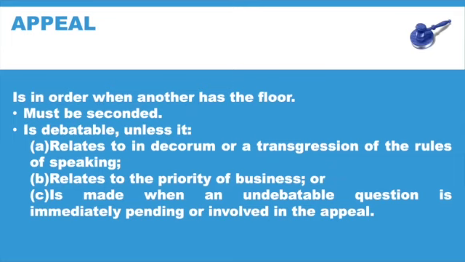So, to appeal the decision of the chair, it is in order when another has the floor. You must have a second. It is debatable unless it relates to decorum or transgression of the rules of speaking, relates to the priority of business, or it's made when an undebatable question is immediately pending or involved in the appeal.